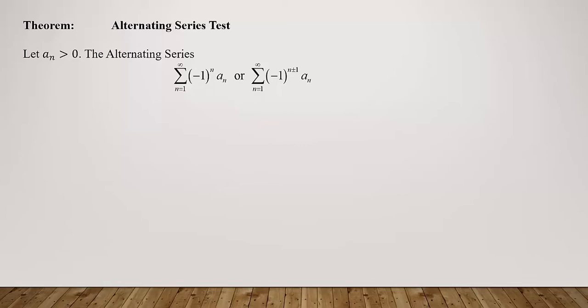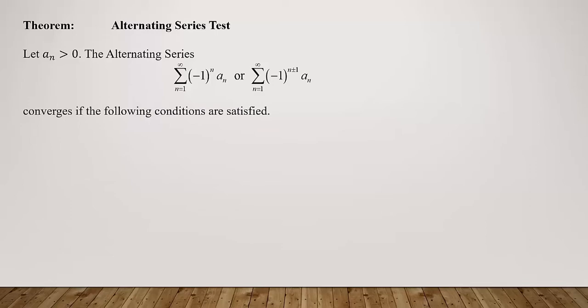So whether the part that makes it alternating is negative 1 to the n, or negative 1 to the n plus 1, or negative 1 to the n minus 1, the a sub n is going to be one of the key parts.